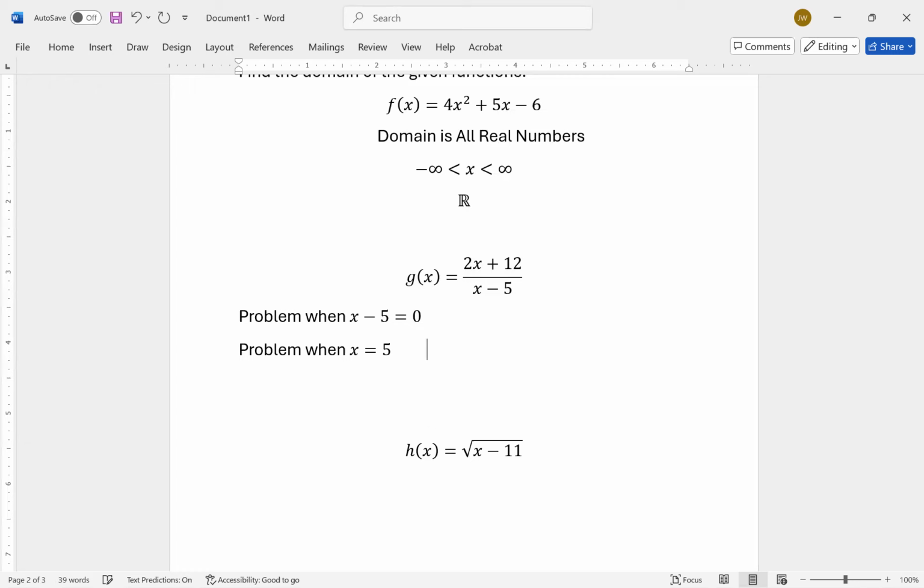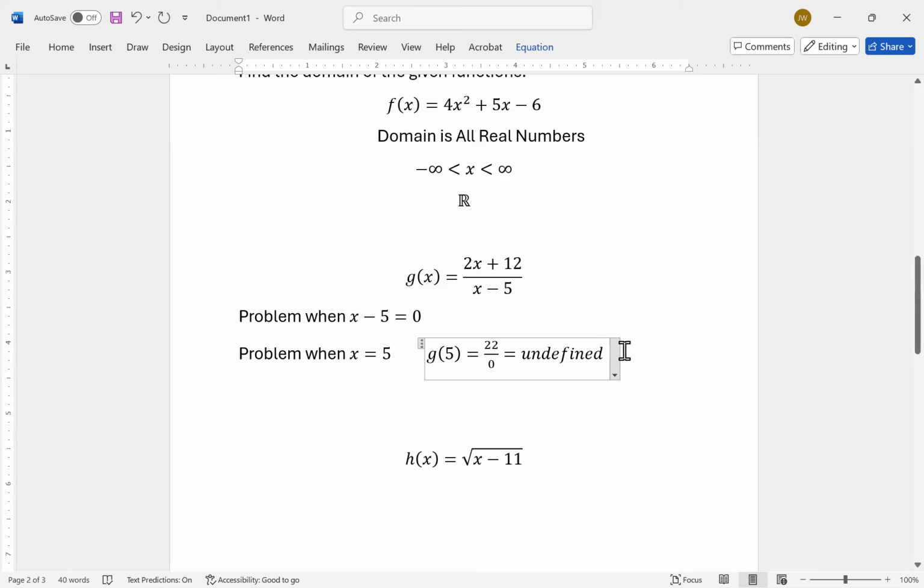And if you think about that, what's going on is that when you plug in 5, you end up with 22 over 0, which is undefined. So what does this mean the domain is? Well, there's no other place that we're going to divide by 0.